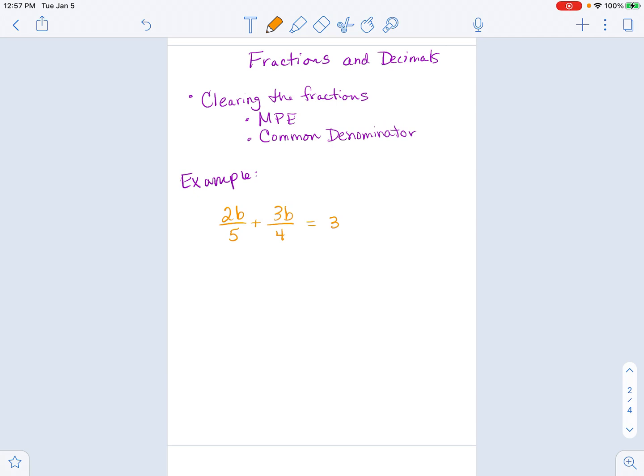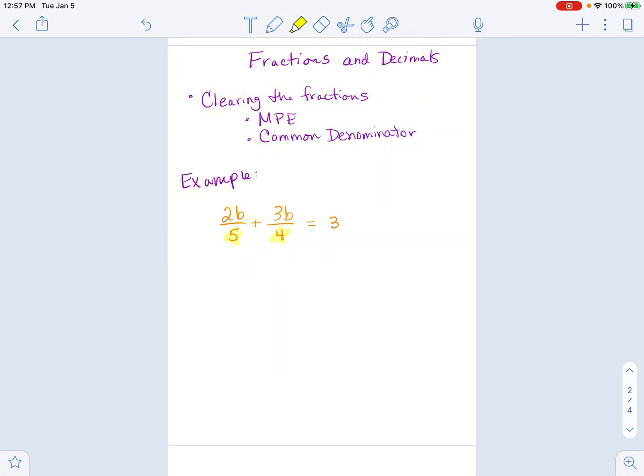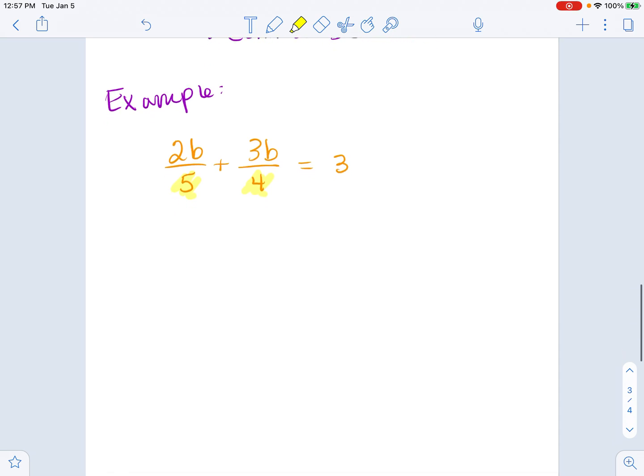So the first thing I'm going to do is look at the denominators, 5 and 4, and decide what the common denominator is. An easy way to find a common denominator would just be to multiply the two numbers together. So 5 times 4 is 20. 20 is a common denominator.